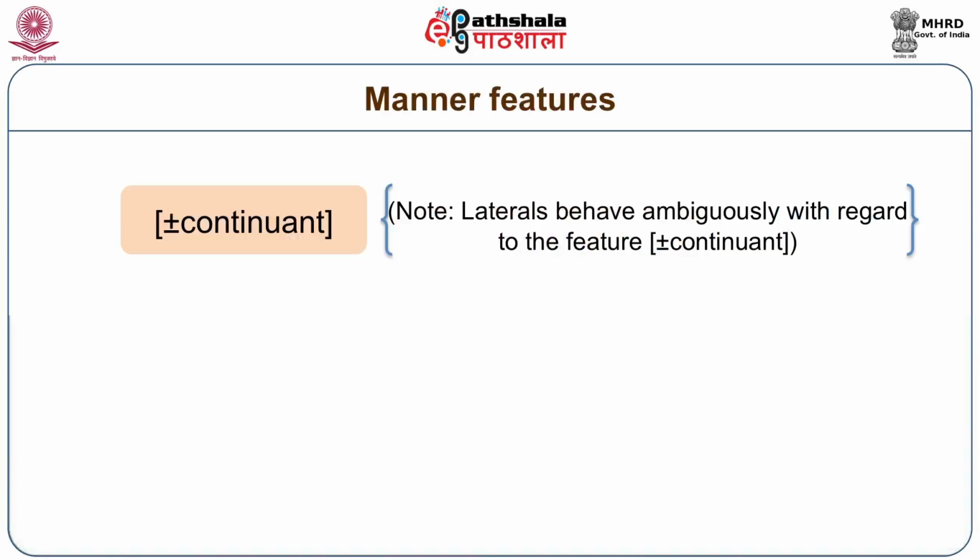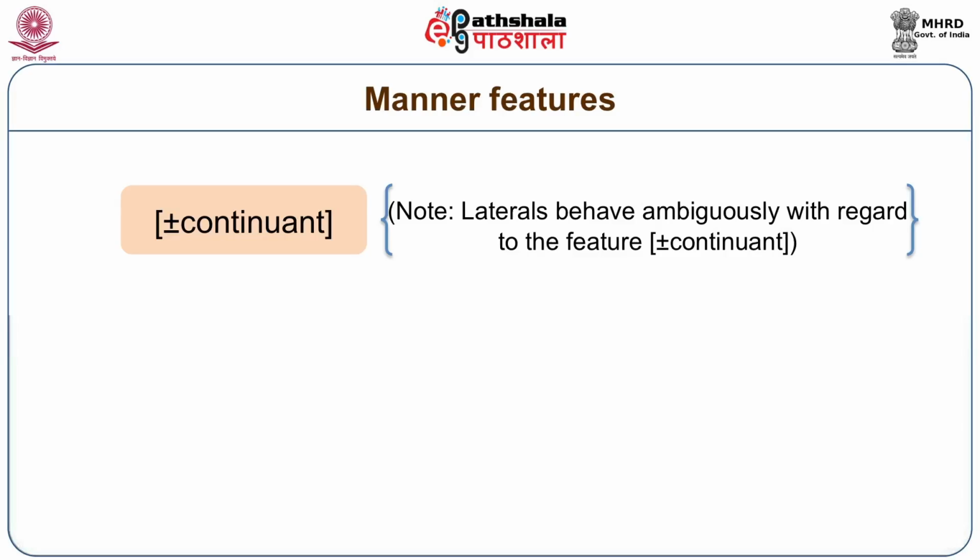Now within this group, when we want to distinguish, let us say, fricatives from plosives and affricates, for example, plosives and affricates are aspirated in English, then we should be able to distinguish between these two groups. We have the feature plus minus continuant. So fricatives are minus sonorant plus continuant. Plosives and affricates together are minus sonorant, minus continuant.